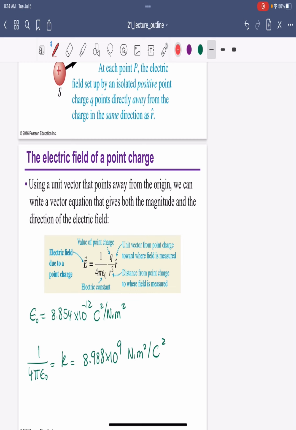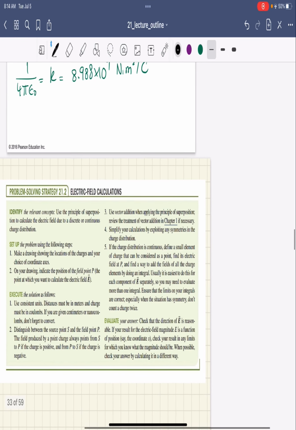If we say E equals F divided by q0, then E equals the constant k electric, I like to use that notation more, k q over r squared, times the unit vector r hat, which gives the direction. And of course, the constants are similar to what I introduced before.